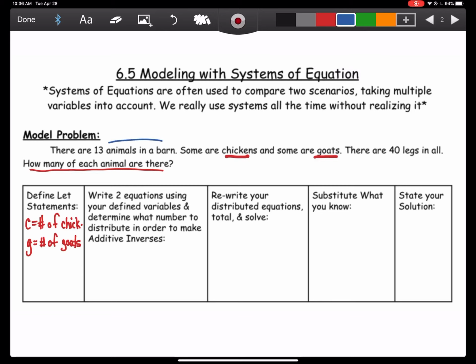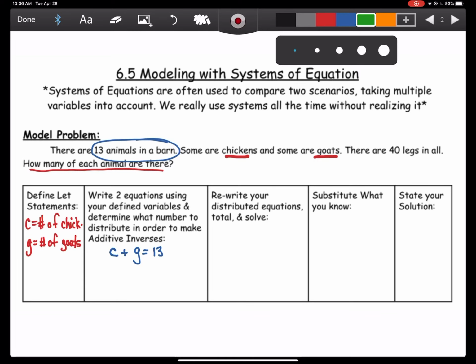So if there's 13 animals in the barn total, that tells me that since there's only chickens and goats in the barn, all the chickens and all the goats add up to 13. That's one of our equations. So C plus G equals 13.